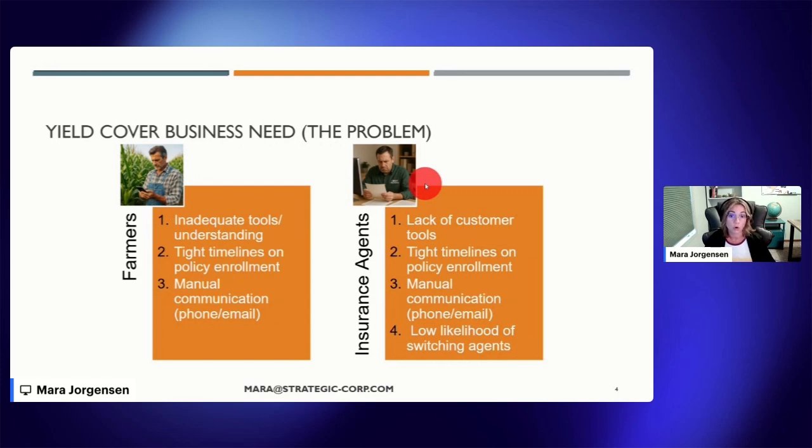Because the farmers don't really have a way to reach out to new agents in a structured format, the idea that a farmer is going to switch agents from year to year is actually very low in this demographic. So by providing tools to them, we are hoping that the farmers can increase their reach and that the insurance agents can increase their reach.